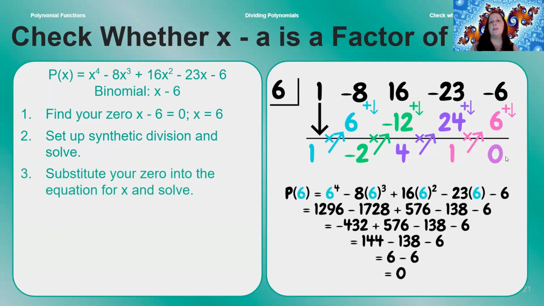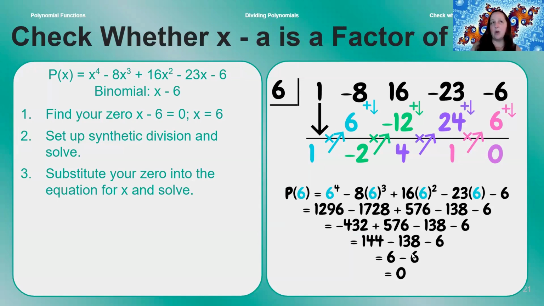I can substitute that value back into my polynomial. So 6 to the fourth minus 8 times 6 cubed plus 16 times 6 squared minus 23 times 6 minus 6. So I get 1296 minus 1728 plus 576 minus 138 minus 6. Okay, when I simplify, I'm going to get 0.